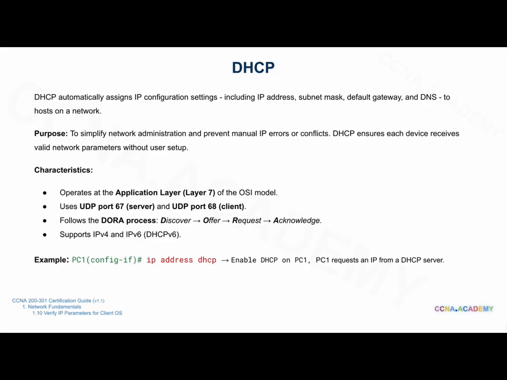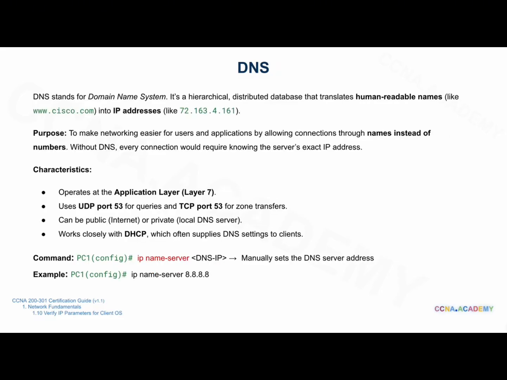On Cisco devices, you can enable DHCP on an interface with the command ip address dhcp. And when a DHCP server is set up on a router, it can dynamically assign IP addresses to clients across the LAN.